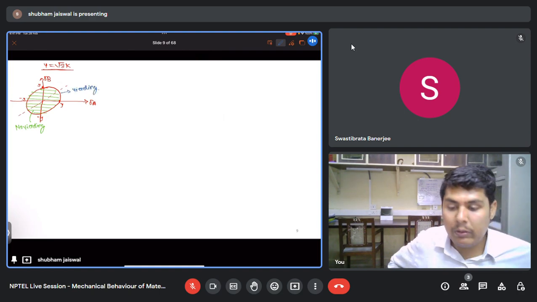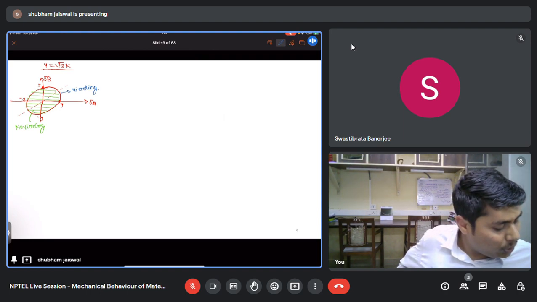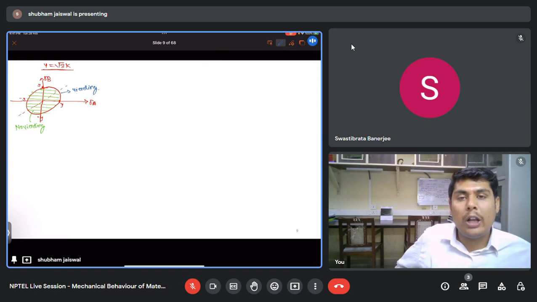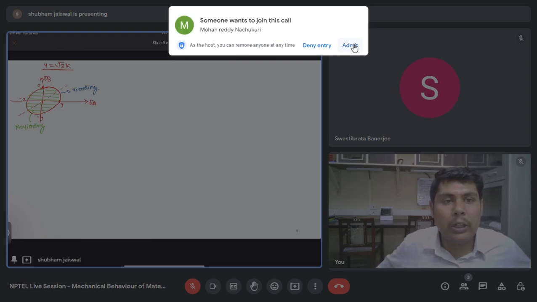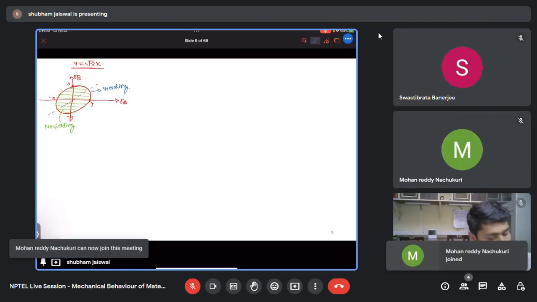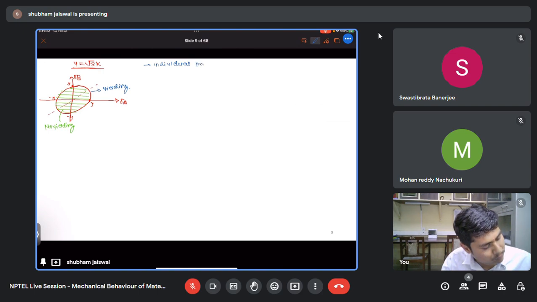And we have seen from this also that individual principal stresses can be higher than our yield strength, but it doesn't mean that the material will yield. Individual principal stresses can be higher than the yield strength.